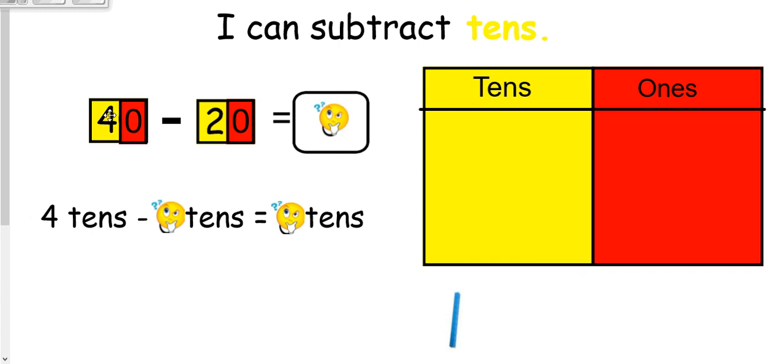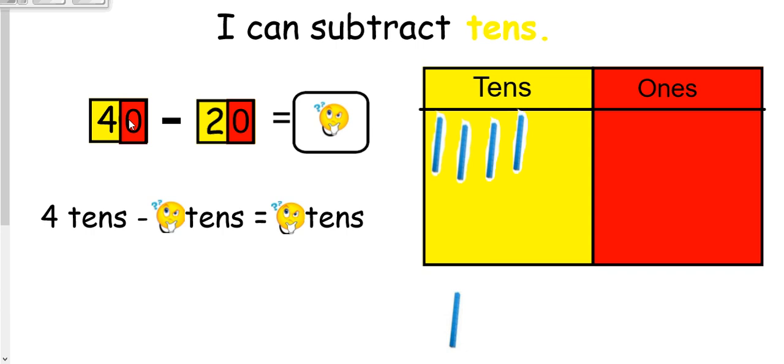The tens place tells me exactly how many 10 sticks I need to put on my place value chart. 1 10, 2 tens, 3 tens, 4 tens. So I built my whole of 40, or 4 tens. 4 tens is worth 40.